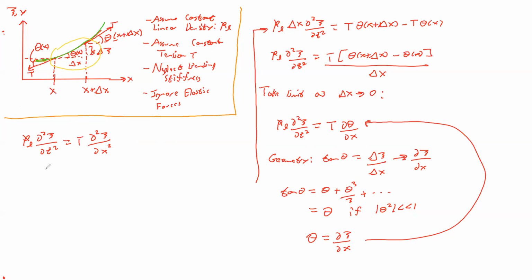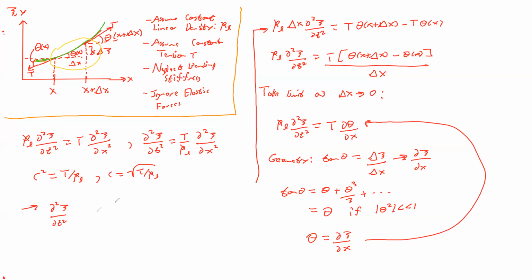Let's divide both sides by the linear density. And now we can define the speed of the wave as c squared is equal to tension over linear density, or c is equal to the square root of tension over linear density. So then we plug that in and we obtain our wave equation.